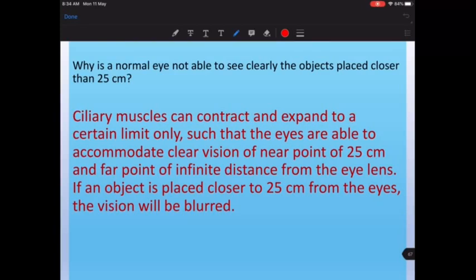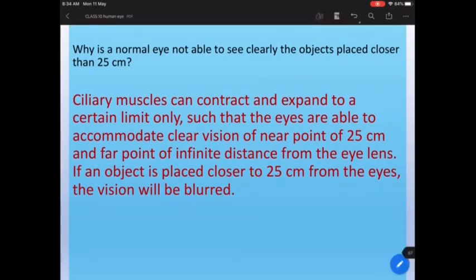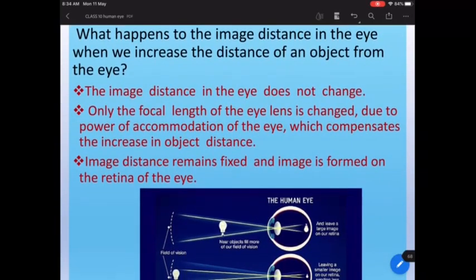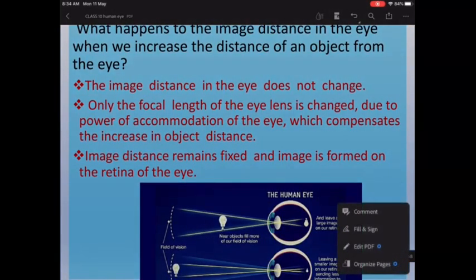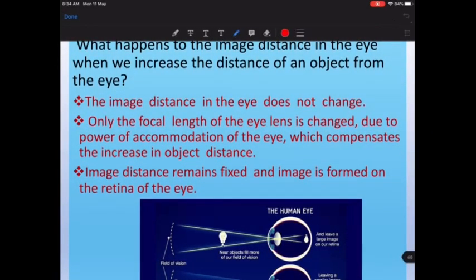So you know that within the eye, this is the eye as shown here, so where is the image formed? The image is formed at the retina. So there is one particular distance which is fixed. What is that distance?